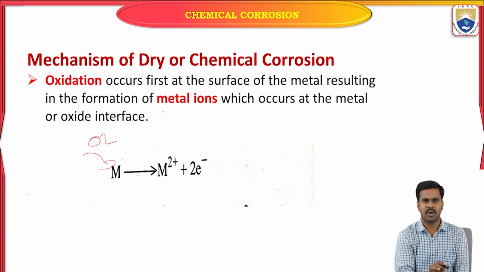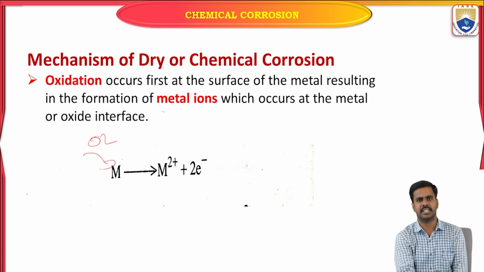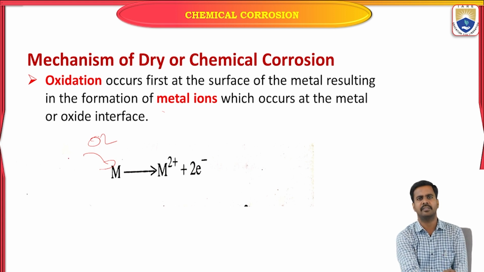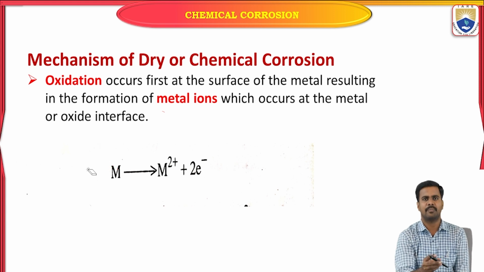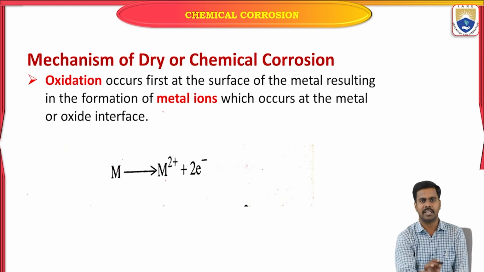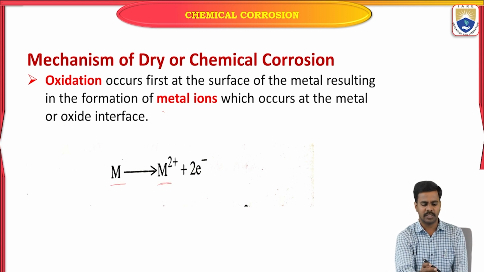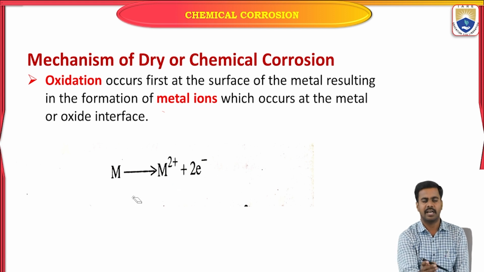As we know, oxidation is the addition of oxygen. Oxygen present in the environment is added to the surface of the metal. Then the metal converts into metal ions by the liberation of electrons. That is the first step in the process of dry or chemical corrosion.